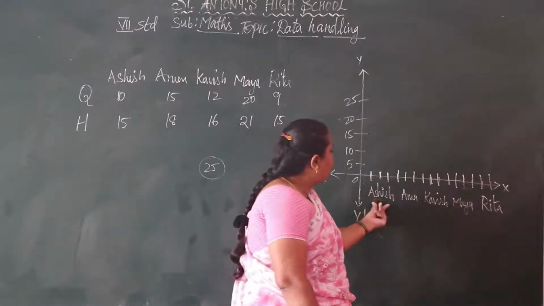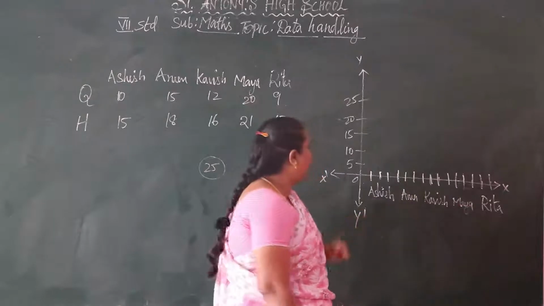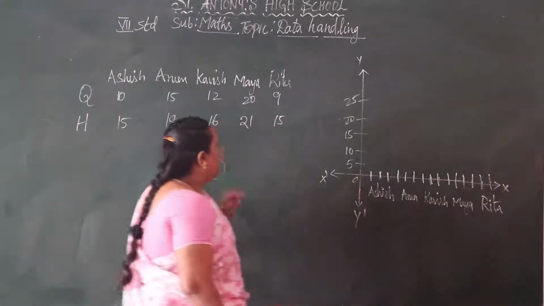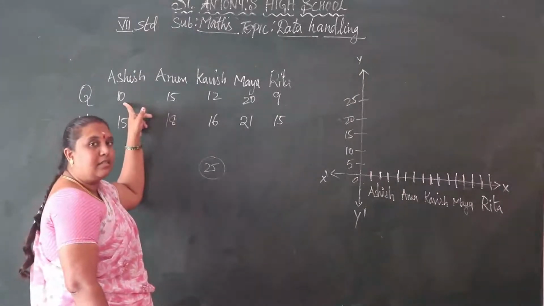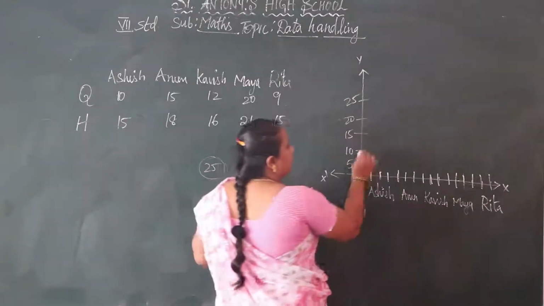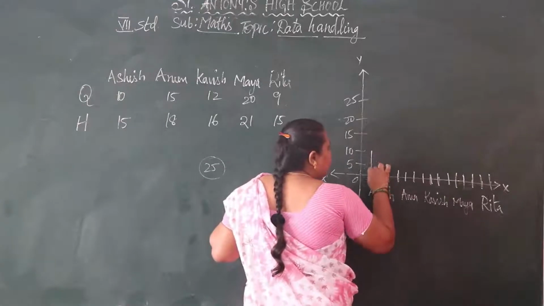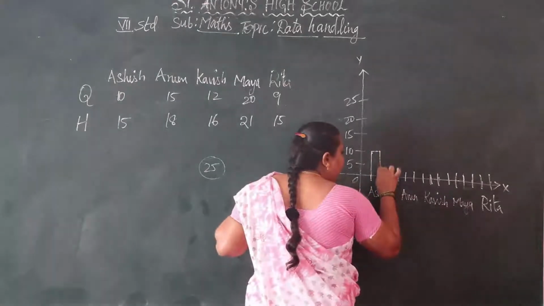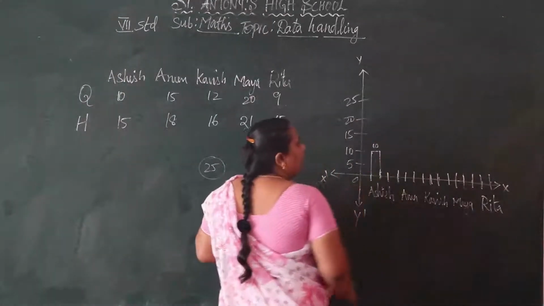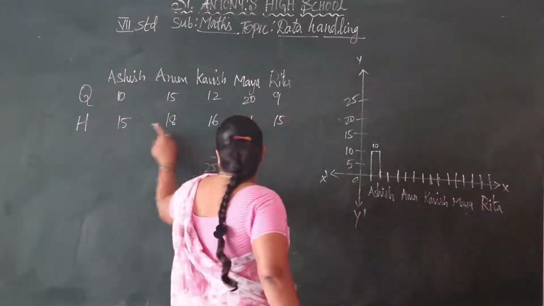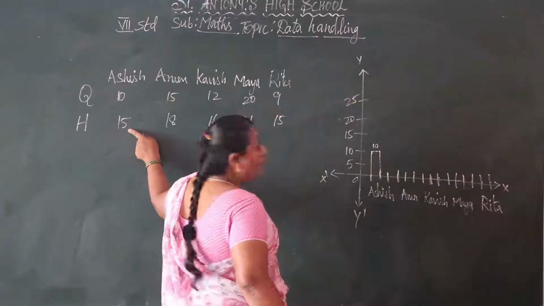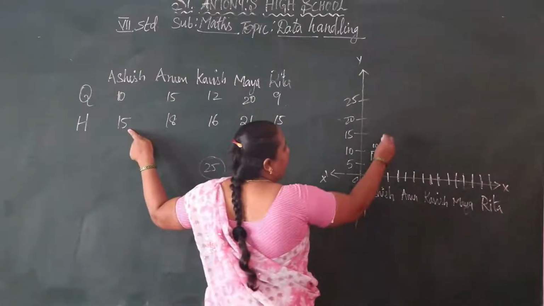So first you take Ashish. Ashish scored, out of 25, 10 marks in quarterly. So you have to mark 10 marks like this. Draw the first bar in quarterly. In half-yearly, how many marks did you score? 15 out of 25.